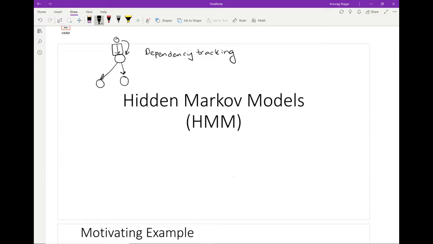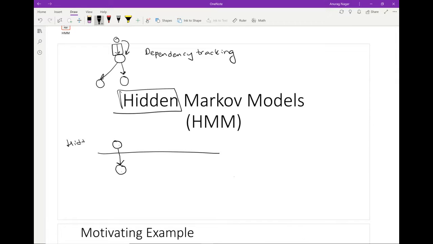Now, a classic application of that is called the hidden Markov model. A hidden Markov model is a Bayes net, but a special type of Bayes net. The word hidden is important because there is a node that is hidden from public view, and the hidden node influences something.